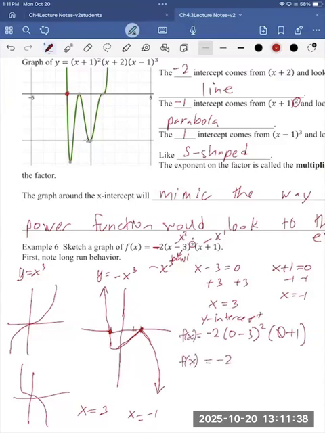Oh, wait, that was -3 squared, and times 1.